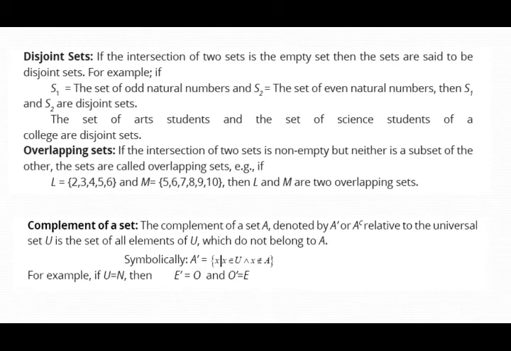All those elements do not belong to A but belong to U. If U is N, then the complement of E, meaning even numbers, is equal to odd, and the complement of odd is equal to even numbers.